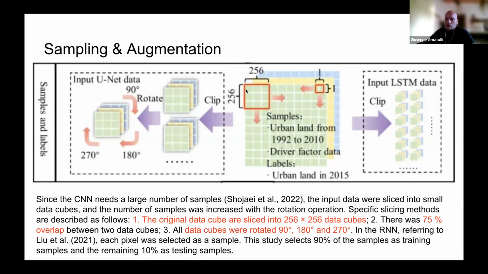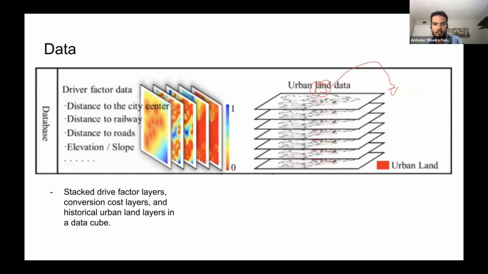So far we have only explained the operations that are done with the data for this UNet. We haven't described what the UNet is yet. It's going to come in a little bit. The input for the LSTM is just this information, and how this information is changing over time. Remember that for each one of these pixels, we have all that information with respect to the driver factors, like the urban land data.